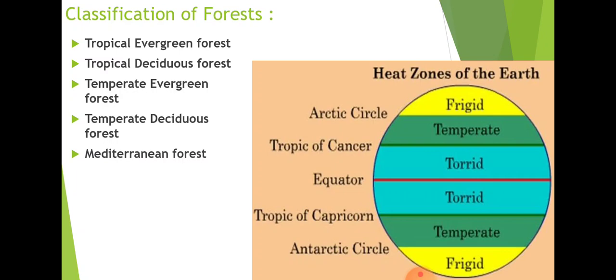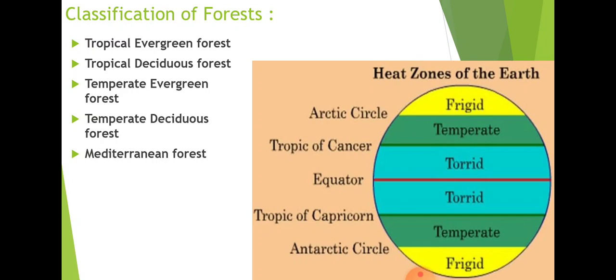You have read in the previous classes and videos the red line showing on the earth, that is the equator. When we move towards the north pole and the south pole, you can see the blue color. So the blue color is representing the torrid zone or the temperate zone.